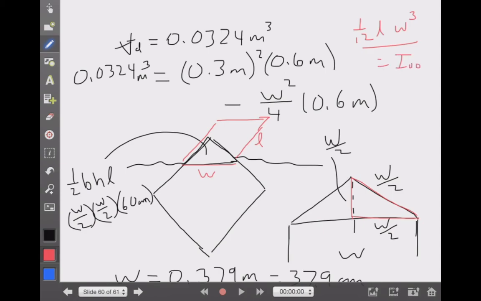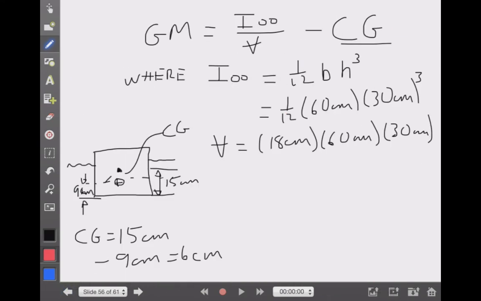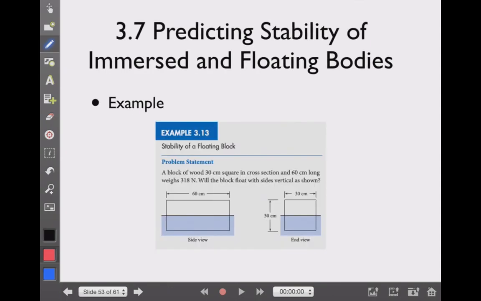And that's true for this case, and it's true for the original case where we had a rectangular surface as well, but it had a width of 30 centimeters in this case here, and a length of 60 centimeters.